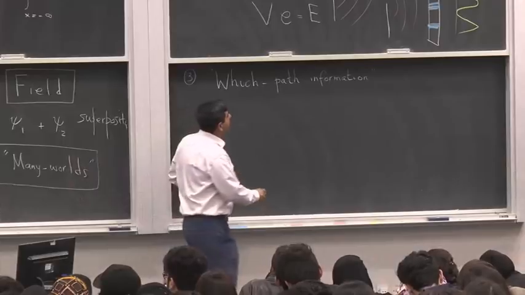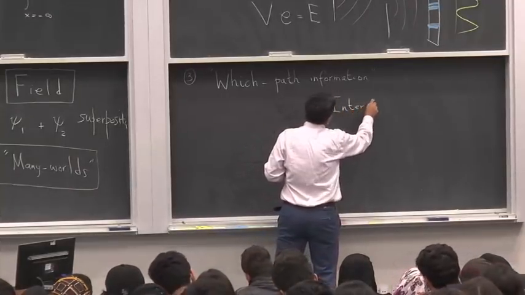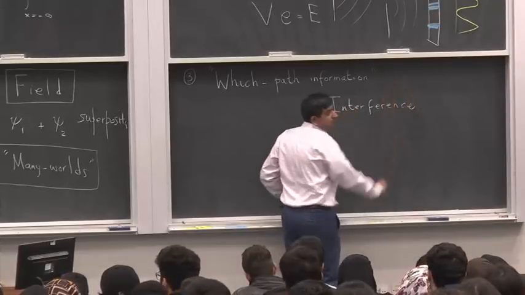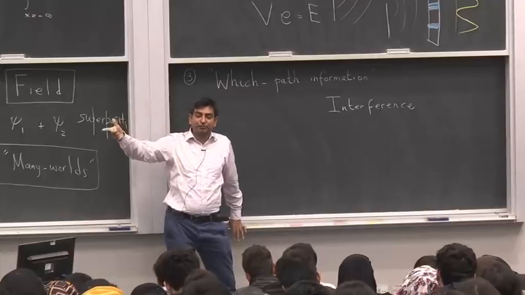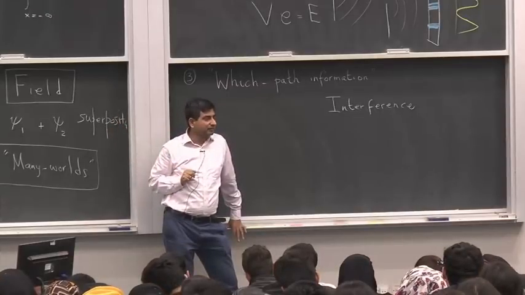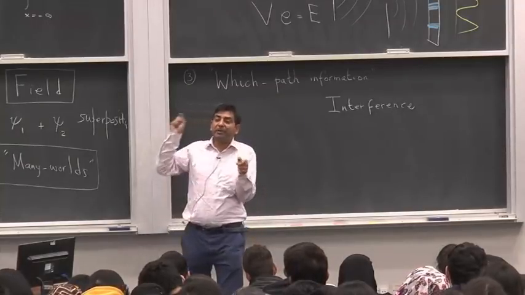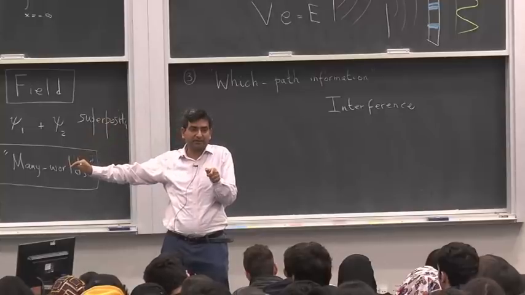So the which path information and interference are mutually exclusive. Mutually exclusive means that if you obtain which path information, you will not obtain an interference pattern.